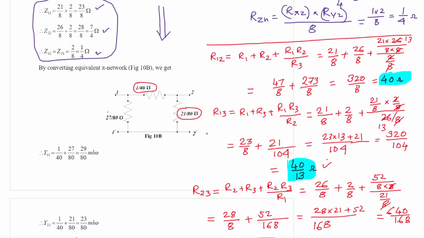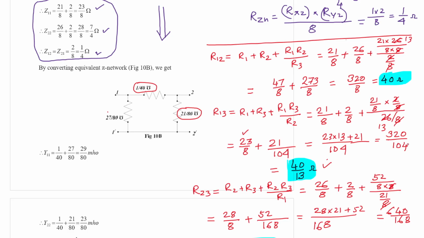First two terms will give you 23/8, that is all right. 8 cancels, 2 and 13 into 21/104 to 23 into 13. 23 into 13, 299 plus 21, so it will be 320, right? 320/104.